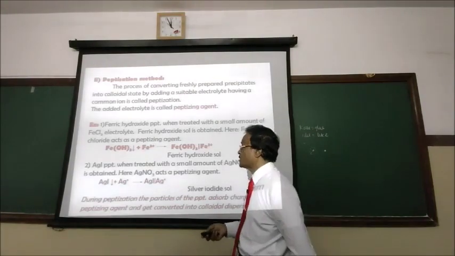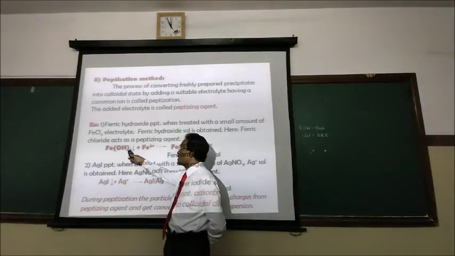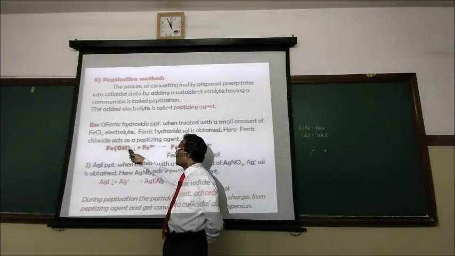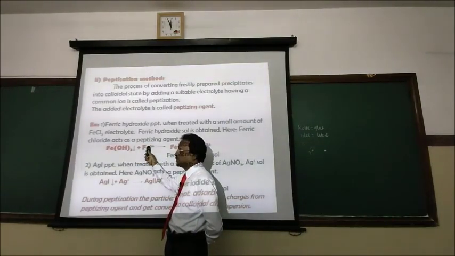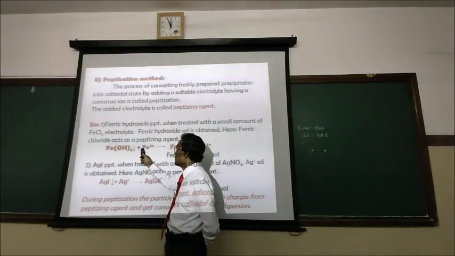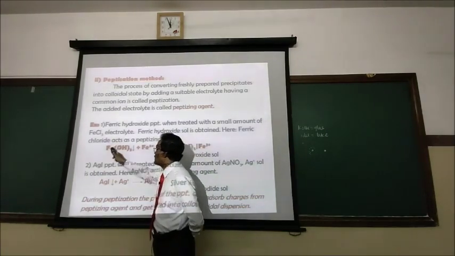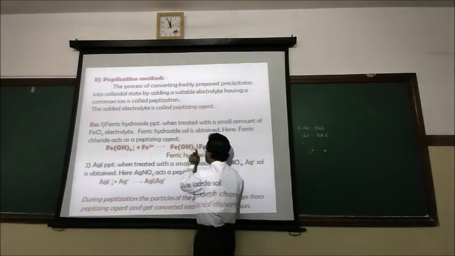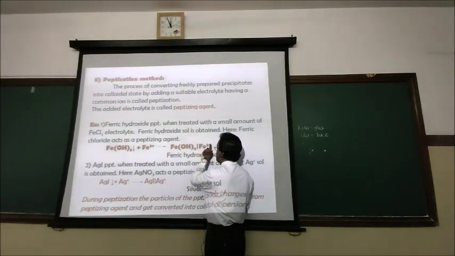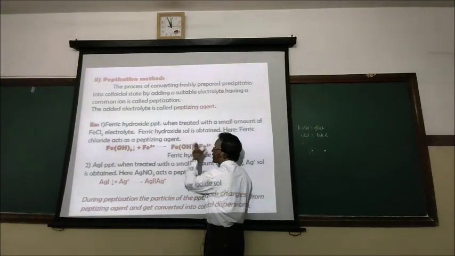I'll give an example. Say I take ferric hydroxide precipitate. I will put it in ferric ions as the dispersion medium. I will take ferric chloride as the peptizing agent. So iron is the common ion. The ferric hydroxide surface adsorbs Fe3 plus ions, and the colloidal ferric hydroxide sol is formed.